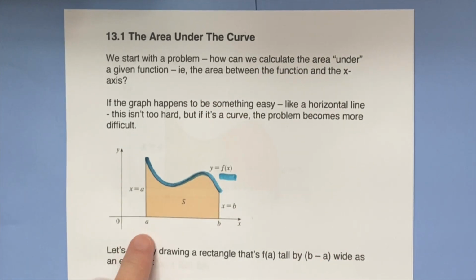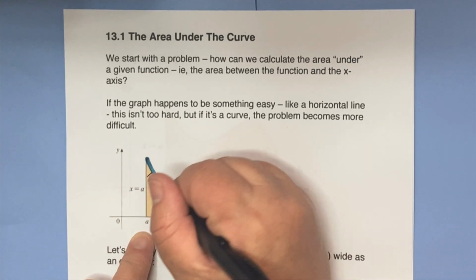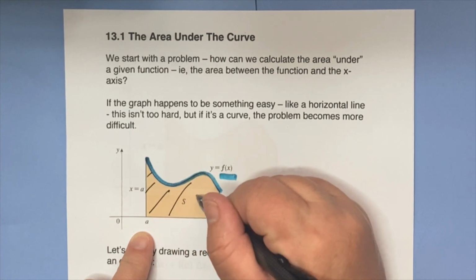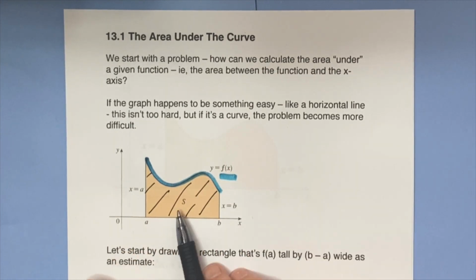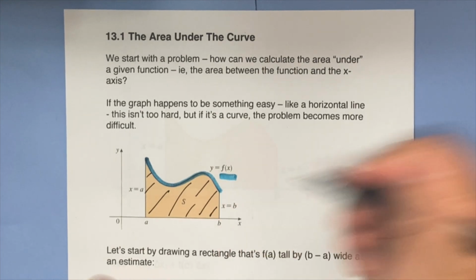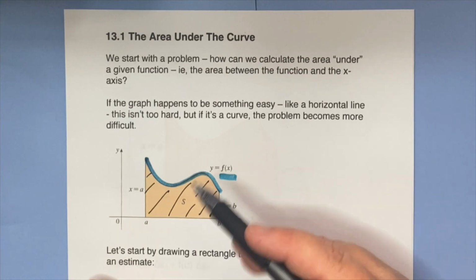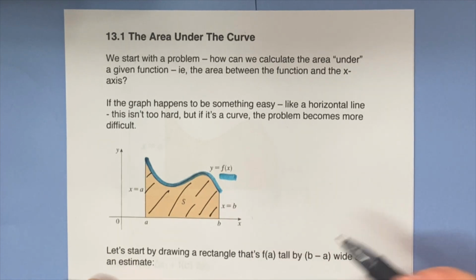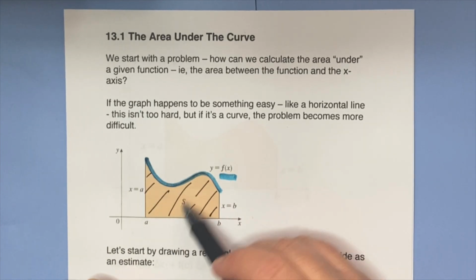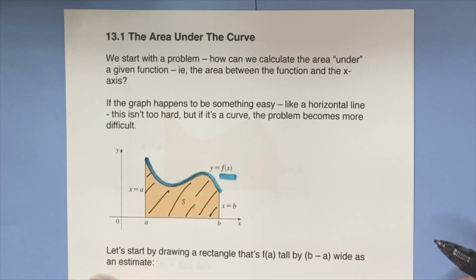We're going between x equals a and x equals b, and we want to know the area here that we're labeling S, that whole area. And because this isn't a rectangle or a circle or a triangle, we don't have a formula that tells us what this area is. So this is the problem we're starting out the section with.